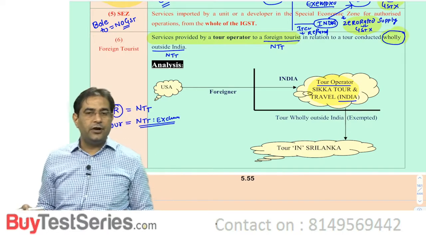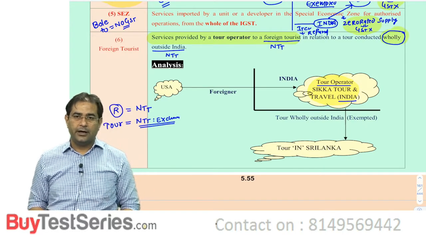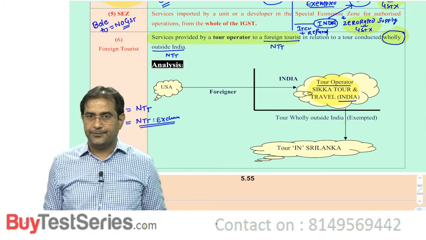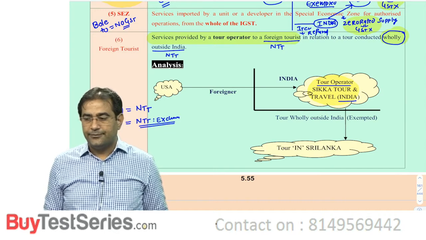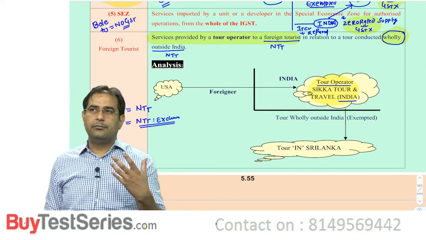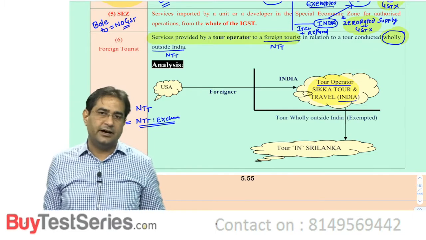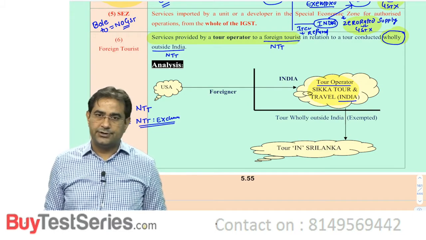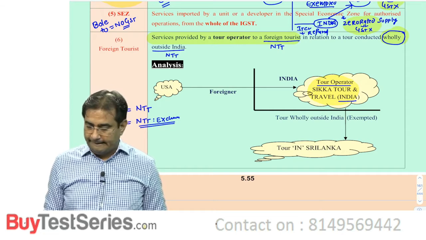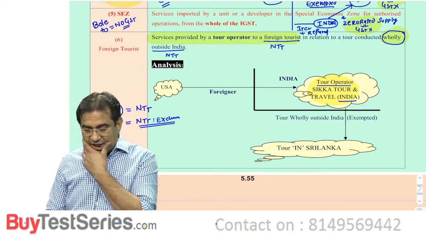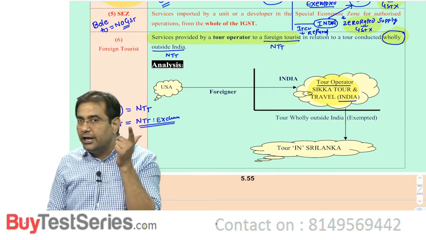So suppose one of the tourists comes to India with Sika Tour and Travels located in Delhi, and the tourist wants to make a tour plan for Sri Lanka as well as Vrindavan, Uttar Pradesh. So what would be the position? Sir, in such a case, the tour is not wholly outside India.